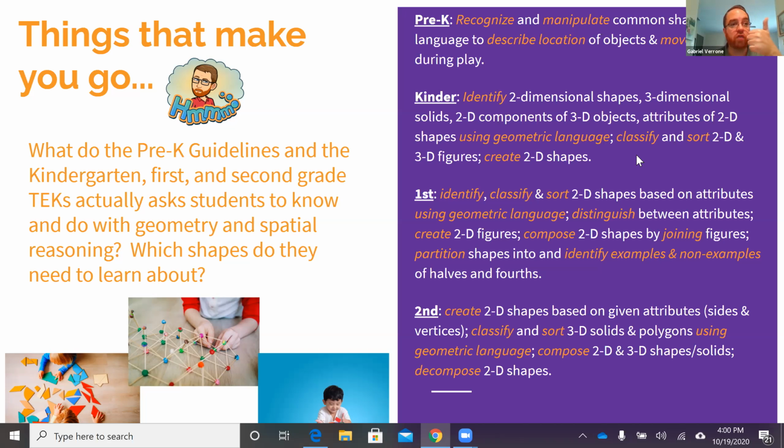Okay, so it starts off with sorting in the lower grades, right? And then eventually that sorting graduates to classifying, right? Because they want to be able to sort them out and distinguish between them, right? But then eventually it moves up to classification, and that classification happens according to attributes, okay?